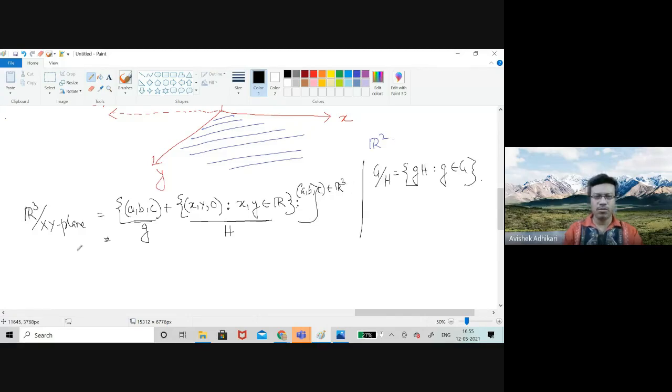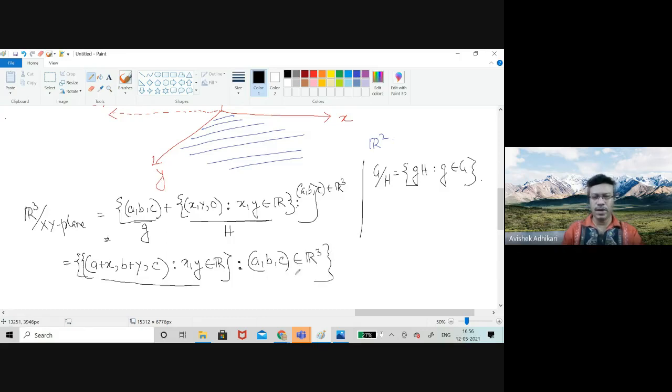Okay. And how should it look? If I add them up, it should look like A plus x, comma B plus y, comma C, so it will be the set of this, such that x, y belong to R. That means you are varying x, y, and then again, this is your coset, such that A, B, C belongs to R3.